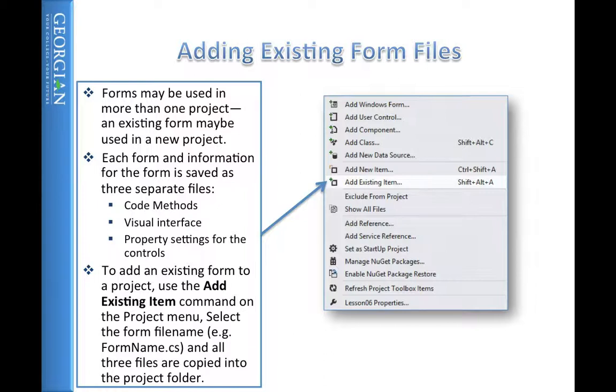So those are the 3 files that come with every form. When you add the existing form, whatever it's called, say formname.cs, you go to that menu, and if you just add that CS file into your project, then the other 2 files get added automatically. So you don't have to add them separately, just that one.